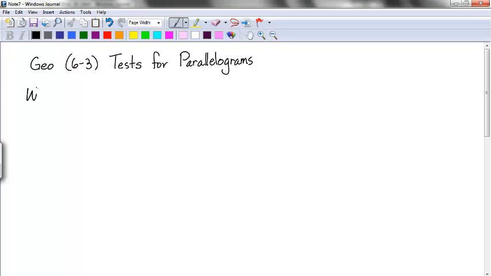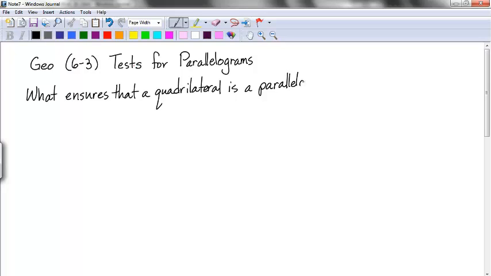Okay, and the question they're trying to answer is what ensures that a quadrilateral, remember, quadrilateral is a four-sided figure, is a parallelogram. Well, there's more than one thing.